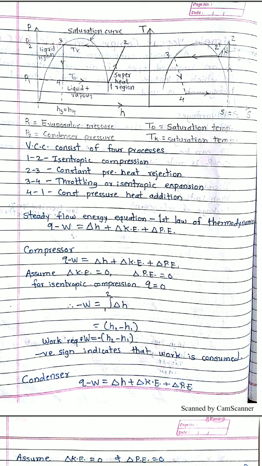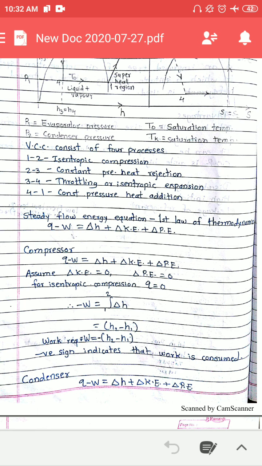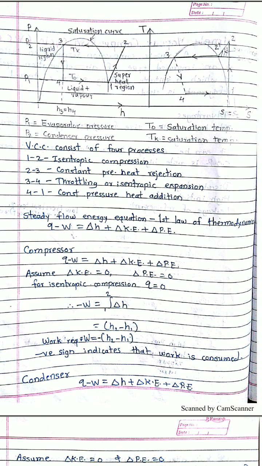Now the compression is isentropic compression. Isentropic means reversible adiabatic. If the process is adiabatic, there is no heat transfer.